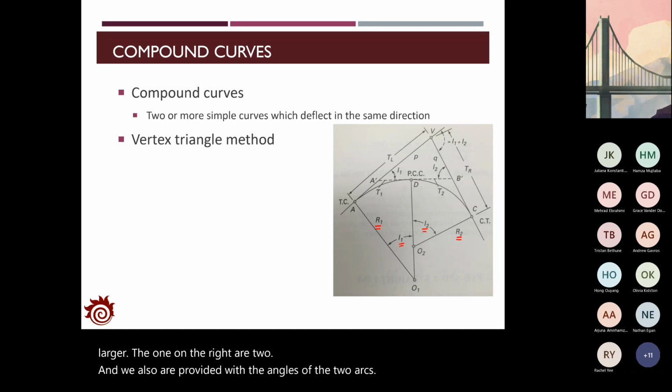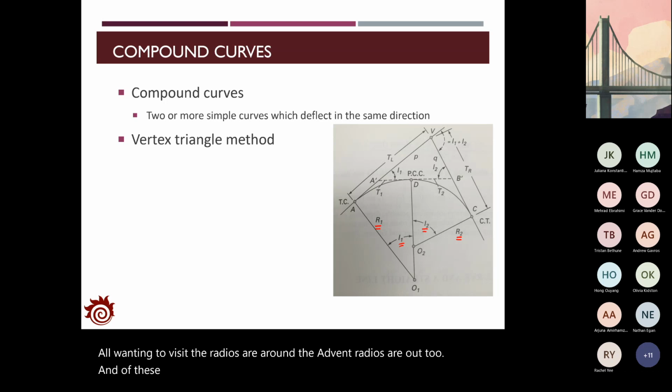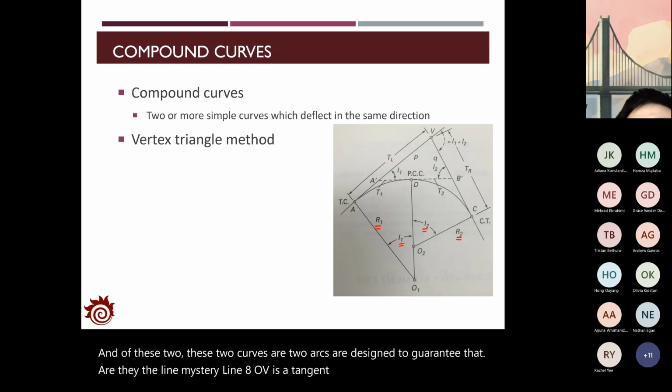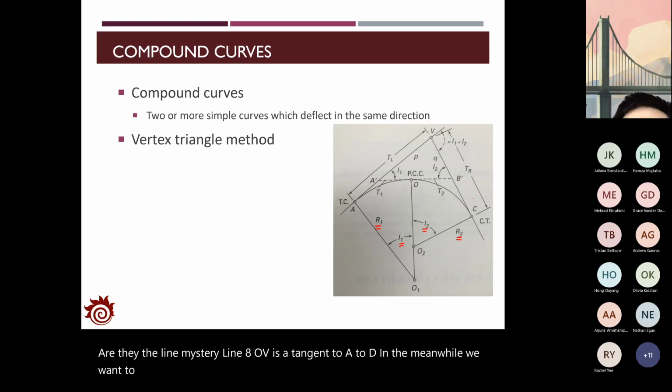One is with the radius R1, the other one is with radius R2. These two arcs are designed to guarantee that the straight line A to V is tangent to the arc A to D. In the meanwhile, we want to make sure that the line C to V is also tangent to the arc C to D.